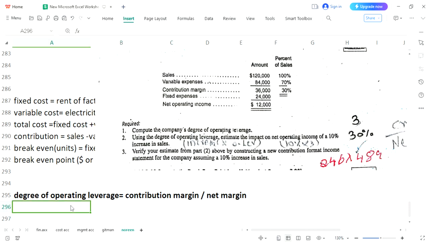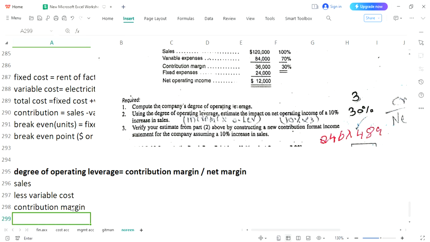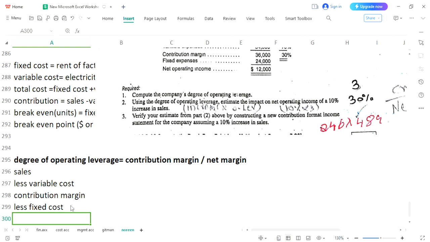In the contribution format income statement, the very first thing you write is sales, and then you subtract your variable cost. You get contribution margin, and then you subtract your fixed cost. Finally you get net margin.